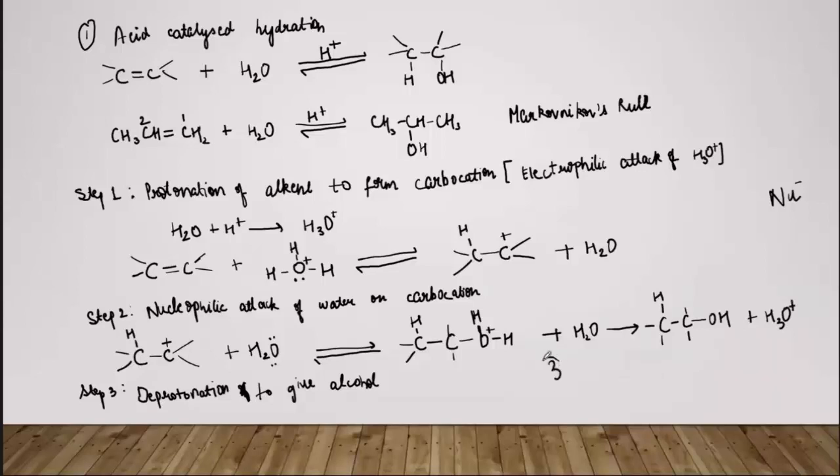So this was step number 3. So first the protonation of the alkene happened, and a carbocation has been formed using the hydronium ion. Now there is a nucleophilic attack of water on the carbocation, so water is acting as a nucleophile because it is reacting with the carbocation, that is a plus charged molecule. Then we will get this compound and it will again react with water to deprotonate this compound and form alcohol.